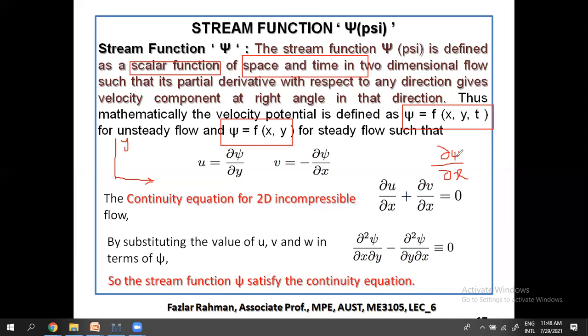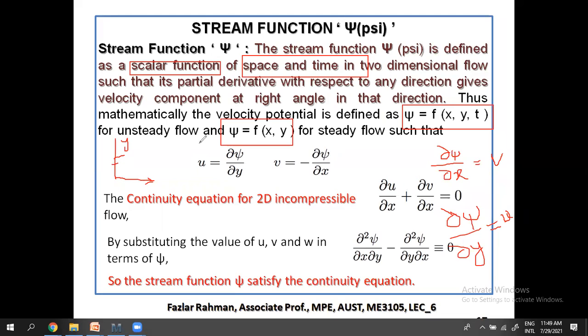That means del psi by del x equals v, the velocity component along the y direction. Similarly, if I take del psi by del y, that means I'm taking the derivative along the y-axis, and the perpendicular direction is x. That will give you the x velocity, u.